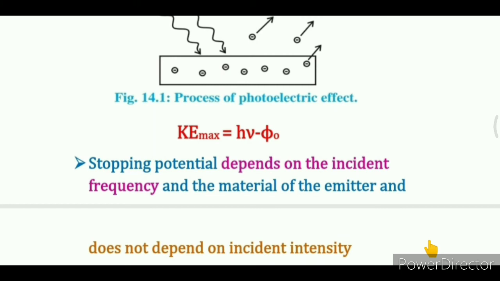If the electron just fails to reach the collector, it has lost all its kinetic energy at the collector. So we can write the equation: maximum kinetic energy is equal to eV naught, and hence the photocurrent becomes exactly 0 at that particular potential, which we call the stopping potential.